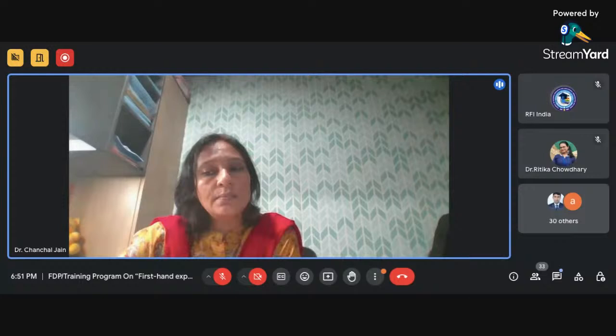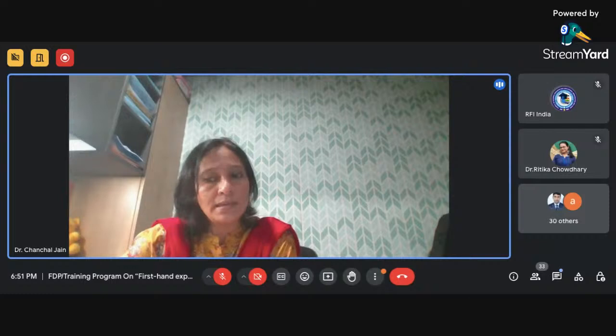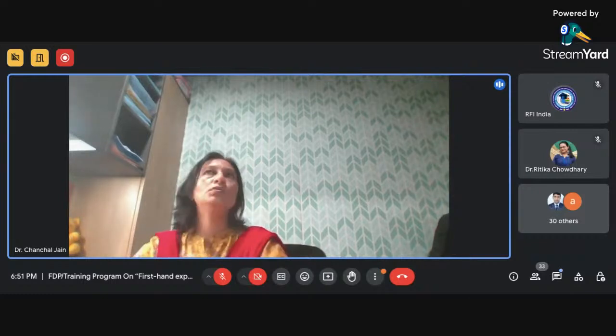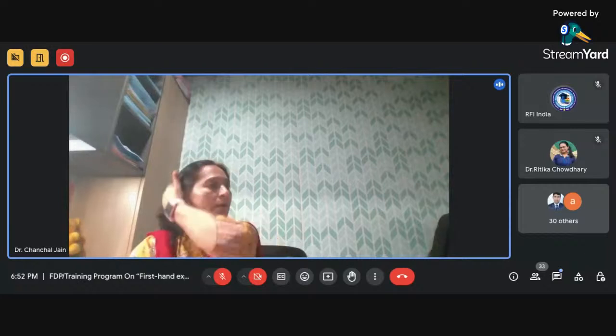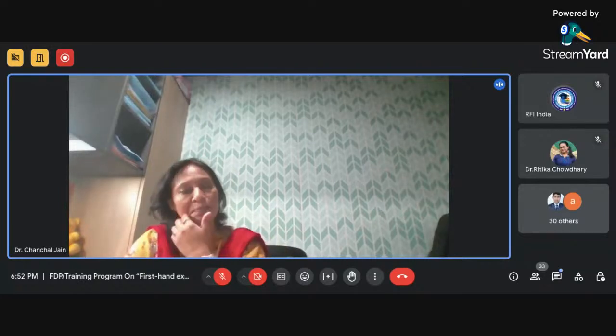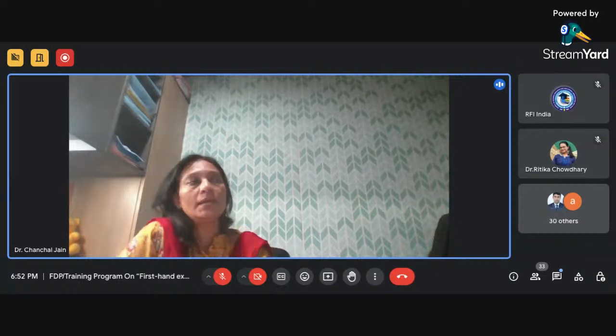Similarly, in research studies, here I'm taking very basic examples. But suppose you are using a questionnaire to collect data. I am not talking about factor analysis in this particular FDP, but suppose you are measuring a particular construct, for example motivation level in a person, using 10 or 15 questions.